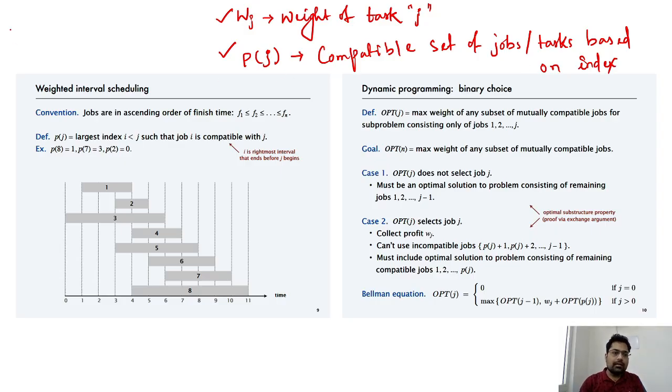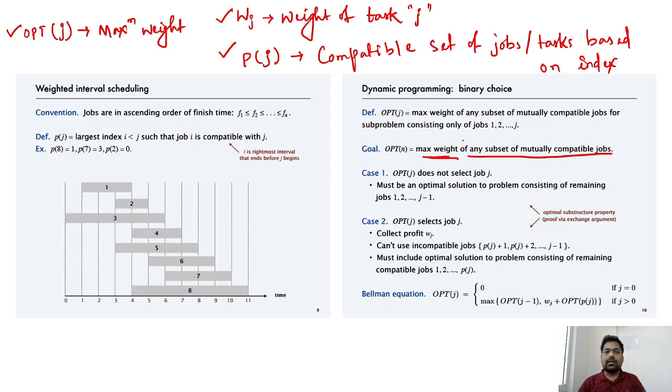Just I'm writing it. Next, OPT, optimal J also you can say. OPT represents, here it is clearly representing, the maximum weight of any subset of mutually compatible jobs. Okay, so I must write this one.